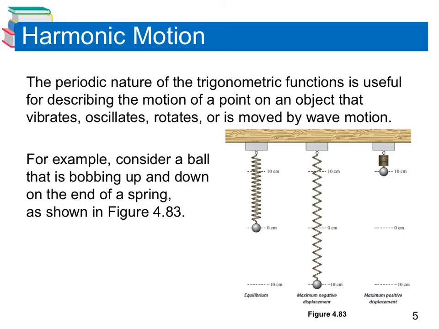Okay, let's talk about harmonic motion, another way trig is used in the real world. This one is talking about a ball at rest. You pull it down a fixed distance, it retracts up a fixed distance, so you can see the curve that would happen over time.